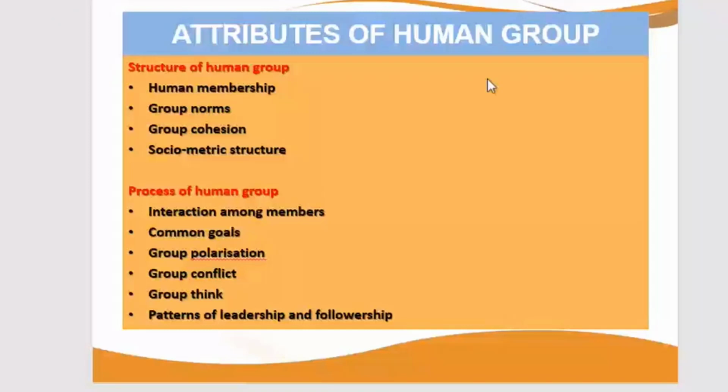Social categorization: a group is formed when a number of individuals are seen to be similar in some respects, but also differ from others with regard to the matter in question. So we form a group because we have some things that are similar, things that are common. However, there are some aspects that differ.